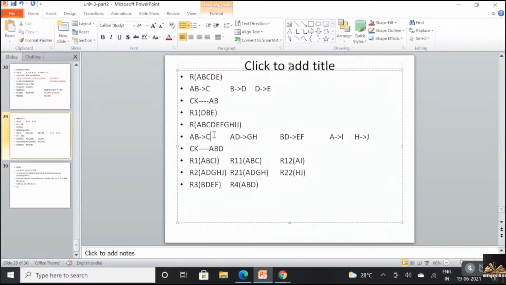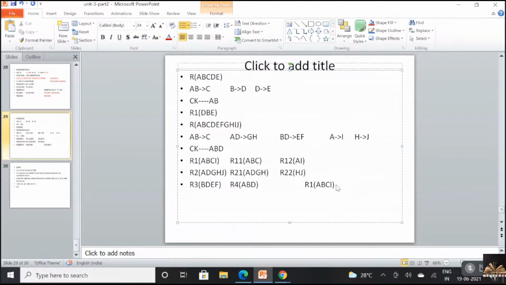No. So this is causing a violation of your 3NF. So I'm trying to work with R1, which is ABC. Now, is ABC giving me any other? Yes, A implies I. So I can even write I.